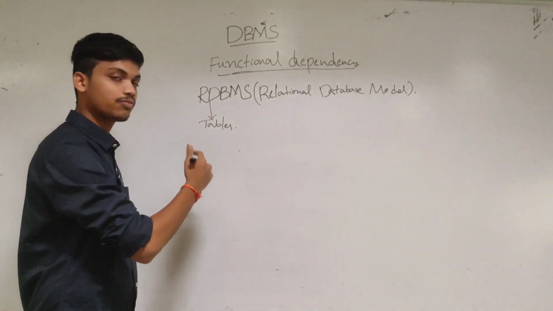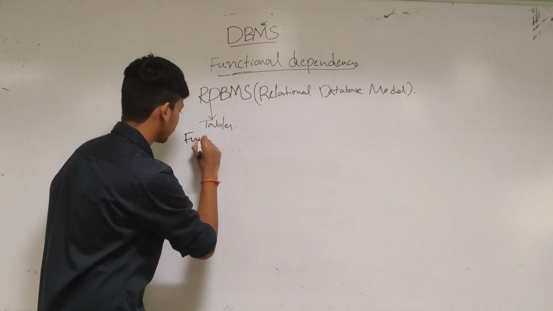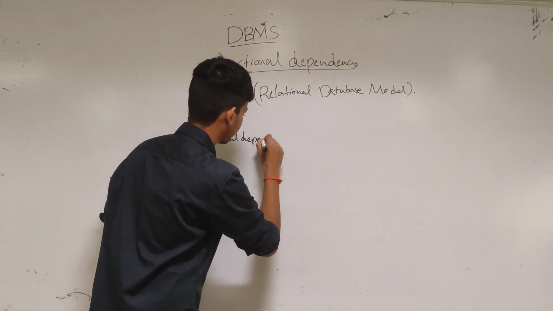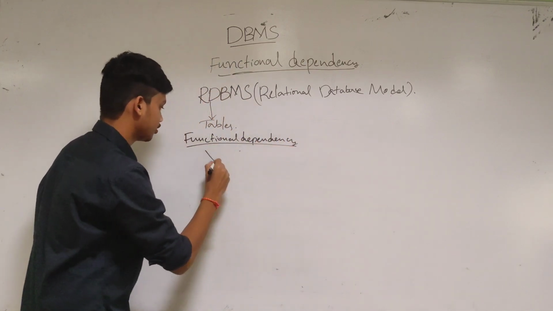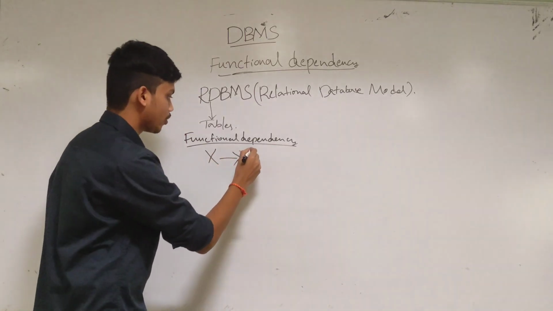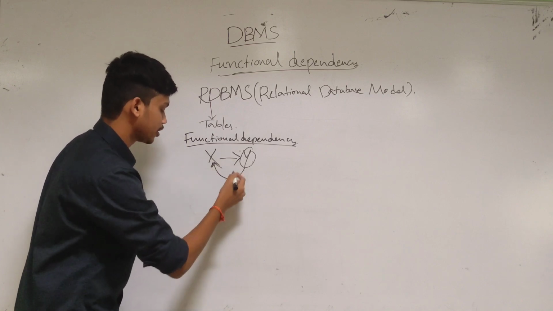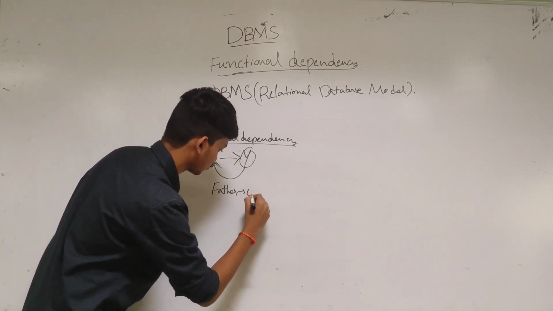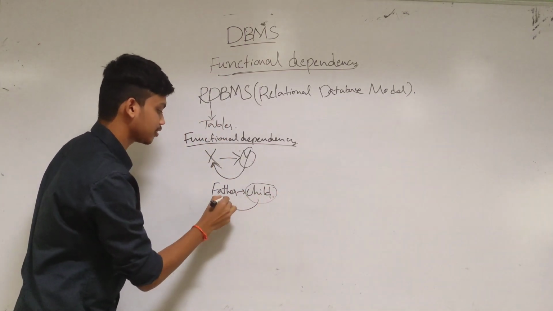Now let us discuss functional dependency. What is functional dependency? Let us say X tends to Y. This means Y is functionally dependent on X. You generally know about the father-child relation. A child generally depends on the father.